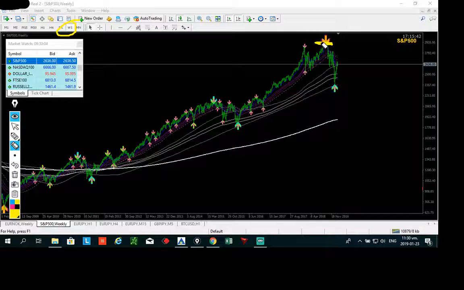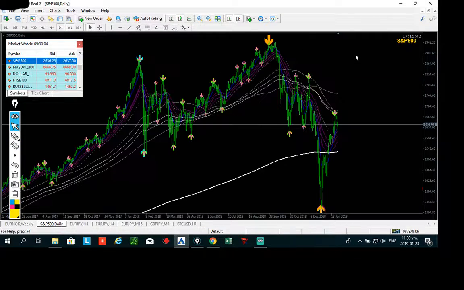So let's look now at the daily chart and change our frequency to daily. On daily, it just reaffirms what the weekly is trying to tell us, that it wants to go up, with a yellow arrow on this side.